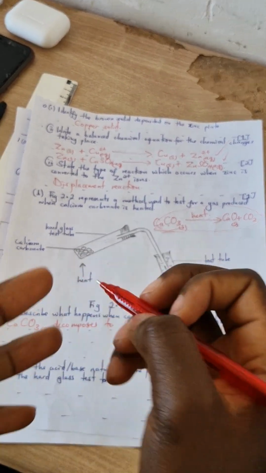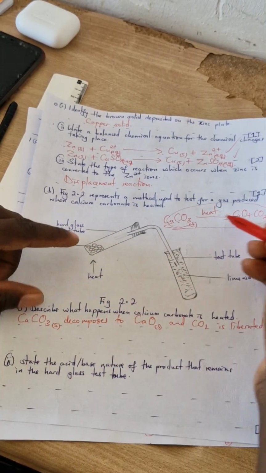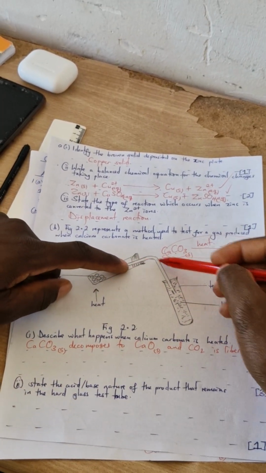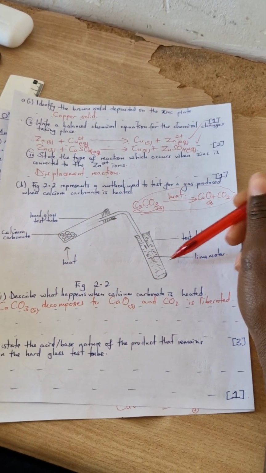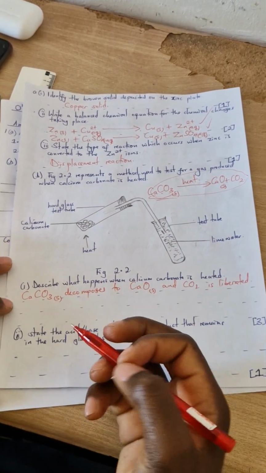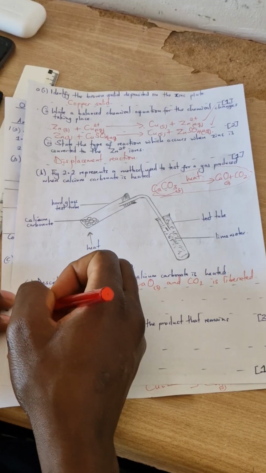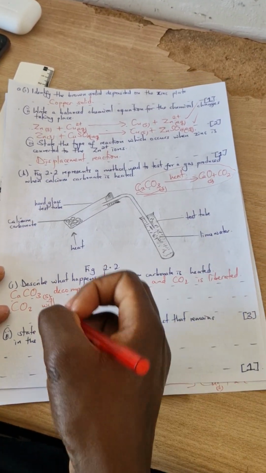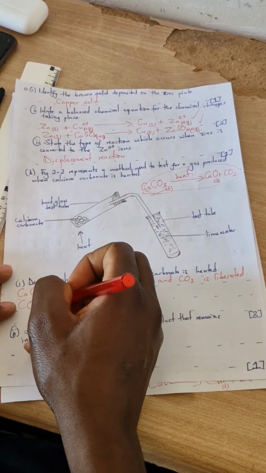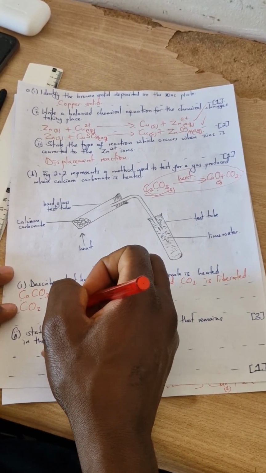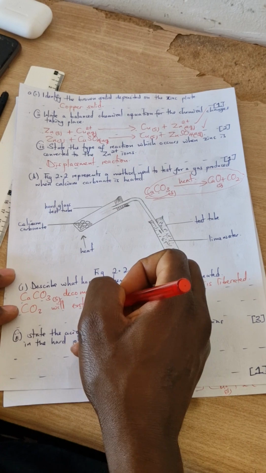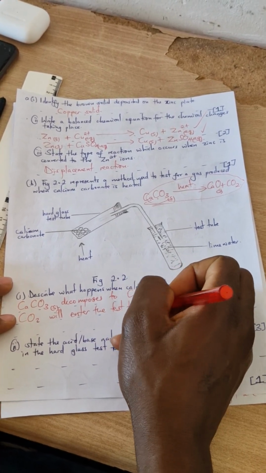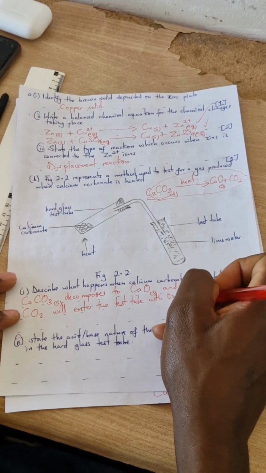Then what will happen after this? These substances are produced here. So only the gas will be transported to the lime water in this test tube. So the carbon dioxide will enter the test tube with lime water.